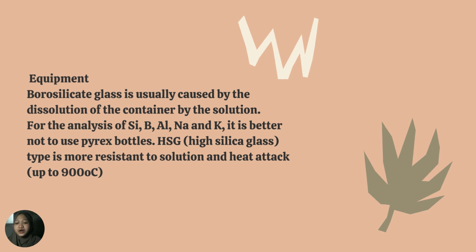Glass utensils are washed using a mixture of concentrated sulfuric acid and HNO3, which is better than a mixture of K2Cr2O7 and sulfuric acid, H2SO4.